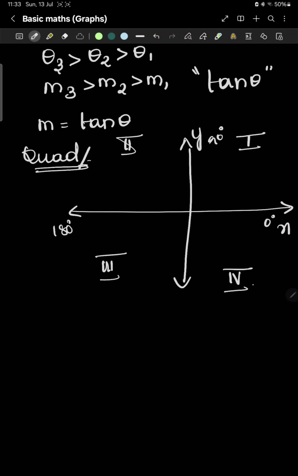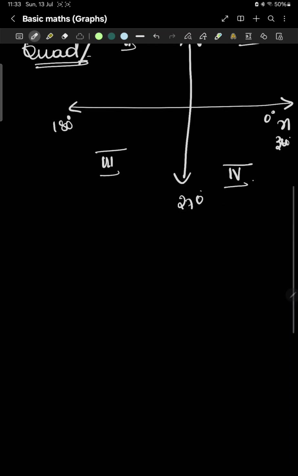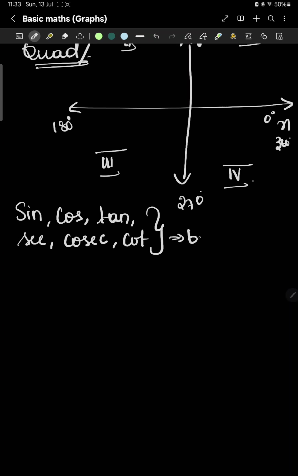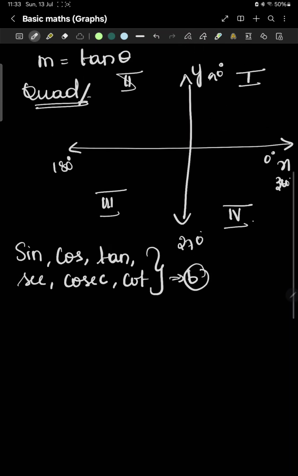Here it is 180 degree and 270 degree, and it is 360 degrees here. So there are 6 trigonometric ratios, which is sine, cos, tan, secant, cosecant and cot. In these 6 trigonometric ratios, not all the ratios are positive in all the quadrants.